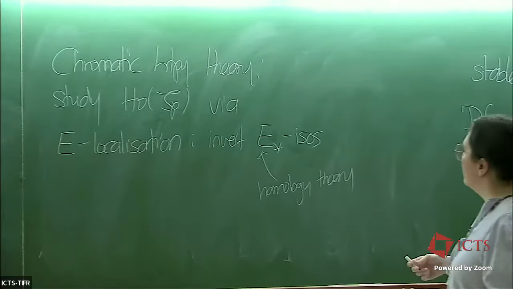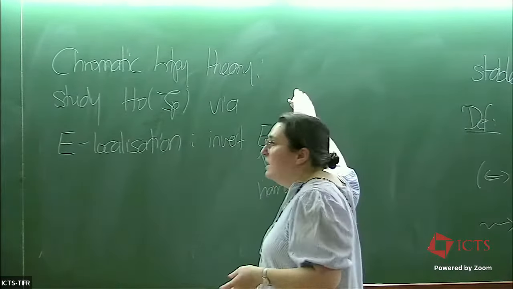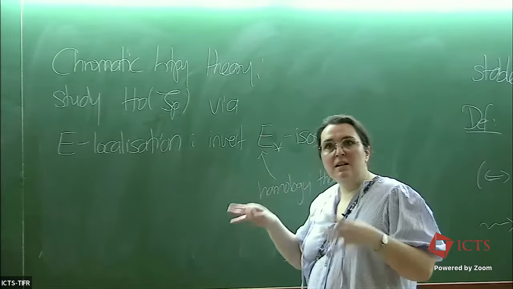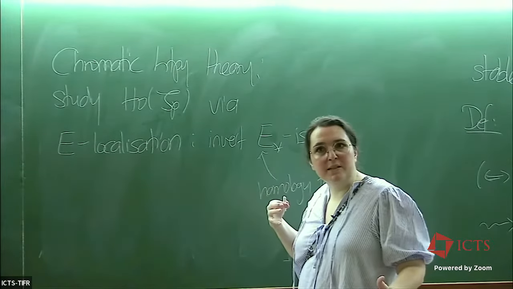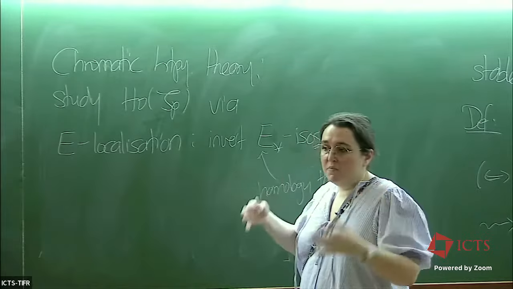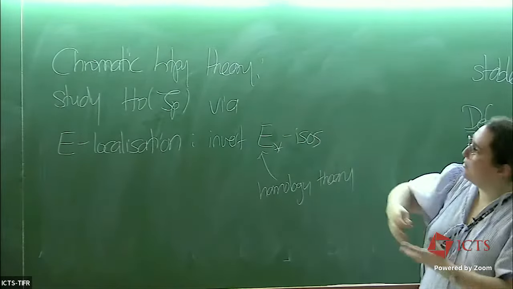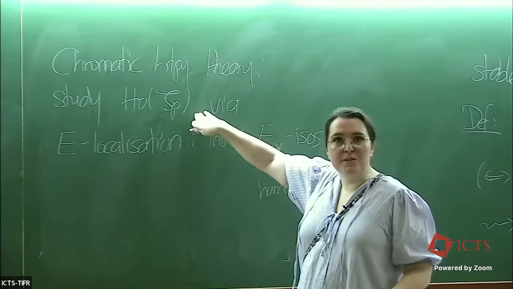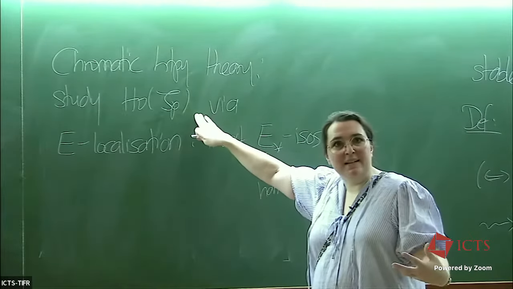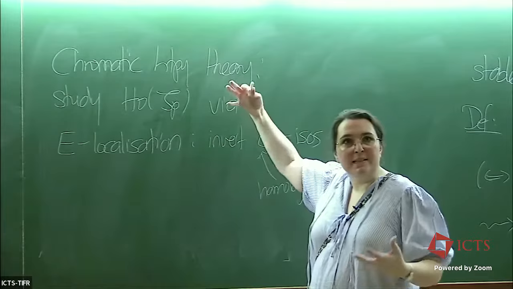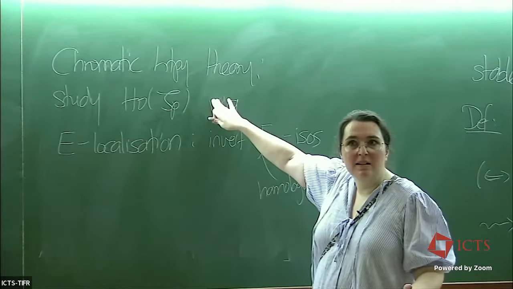And for chromatic homotopy theory, we will be looking at certain homology theories, specially defined for a purpose, how they will decompose this into more manageable layers, how these layers interact with each other.